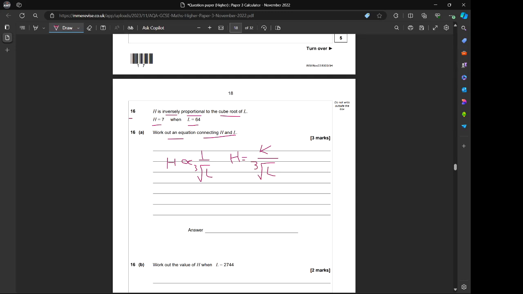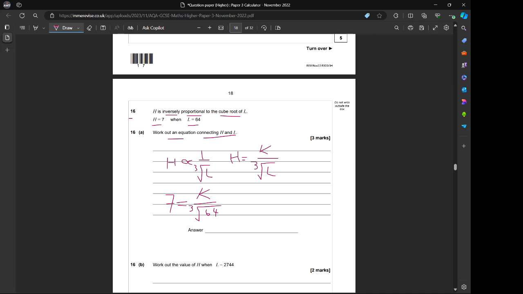When H is 7, L is 64. So we get 7 equals K over the cube root of 64. Anyone in the chat, guys, what is the cube root of 64? If you're not sure, use your calculators. But we should actually know the answer to that.